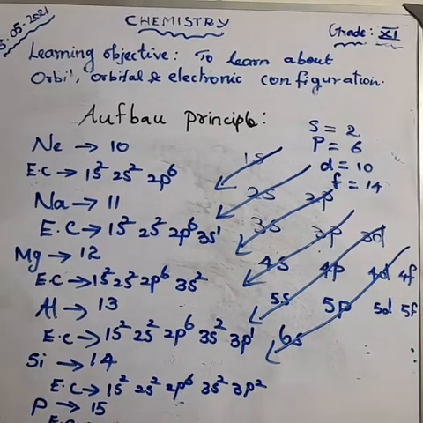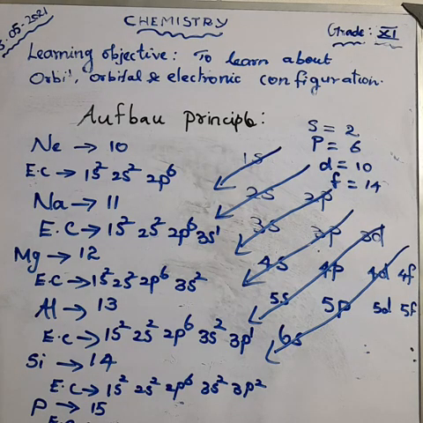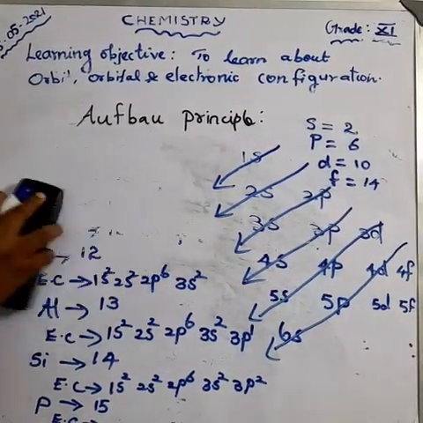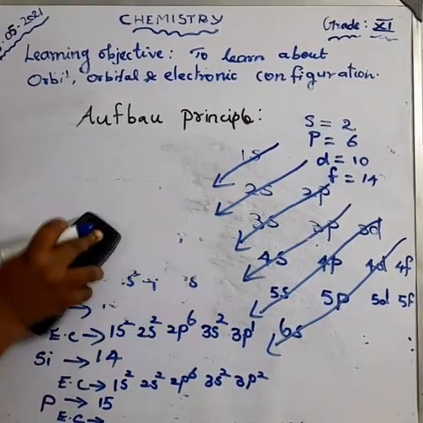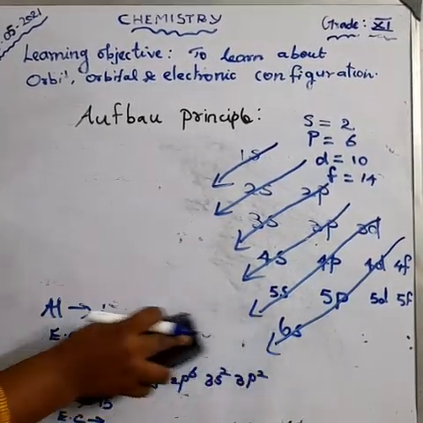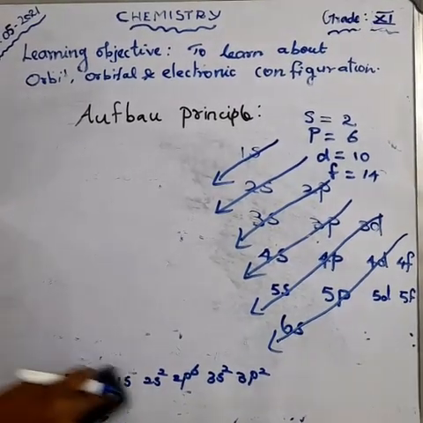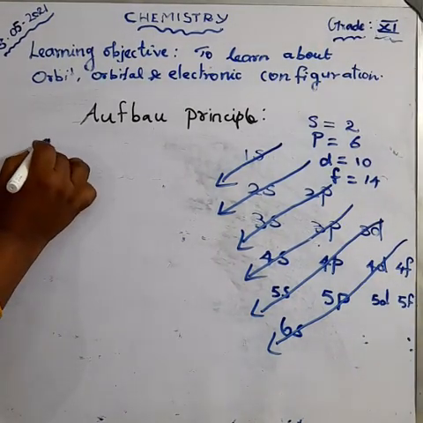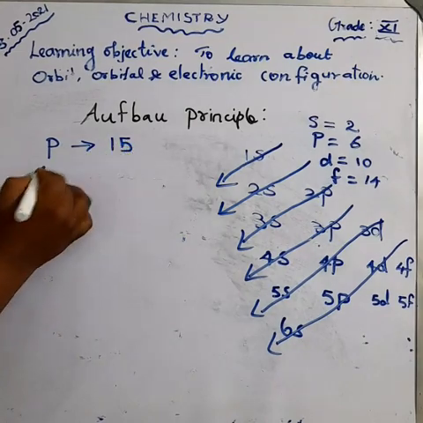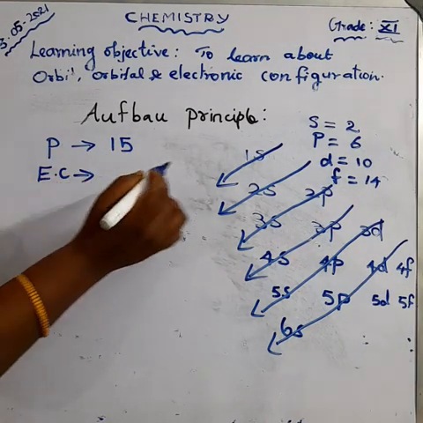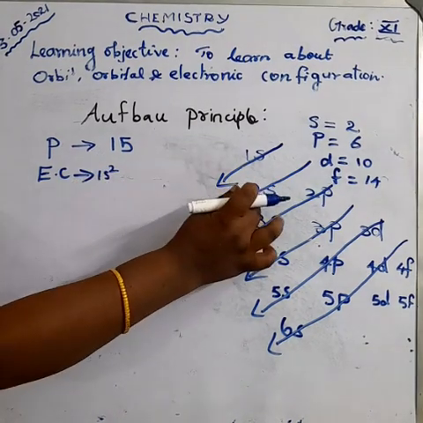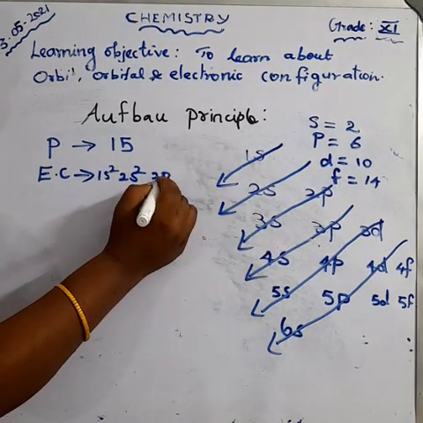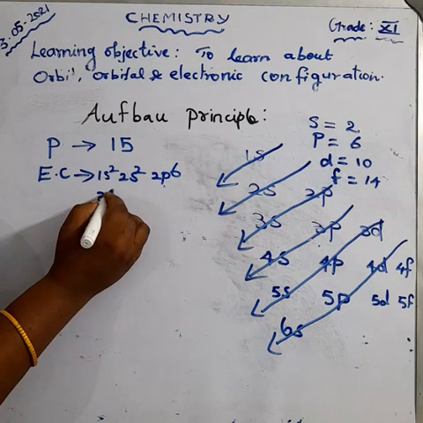First 1s2 and then 2s2, 4 electrons, and then 2p6 and then 3s2.